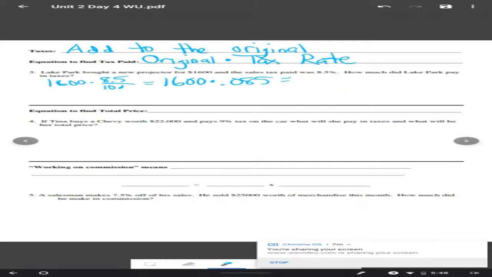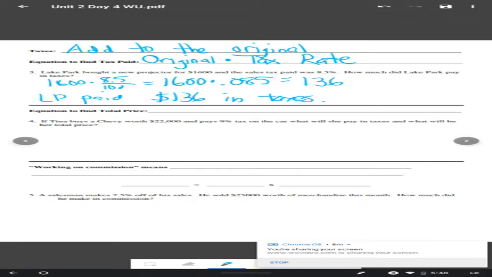So if you multiply those together, 1,600 times 0.085, we get $136. So how much did they pay in taxes? You'd say Lake Park paid $136 in taxes.